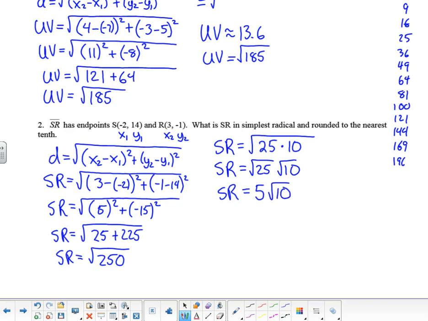That would be our answer in simplest radical form. And then in our calculator, we just take the square root of 250 to get our decimal rounded to the nearest tenth, and we would come up with 15.8. So distance formula, a couple different ways.